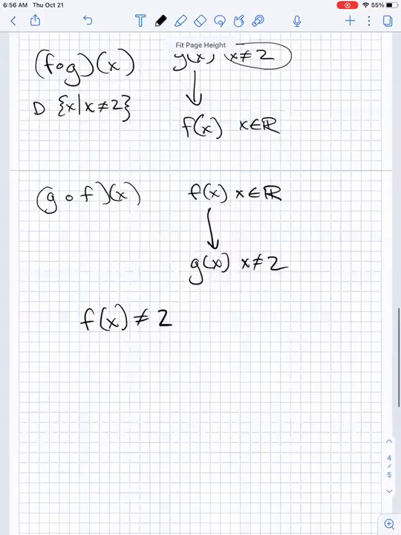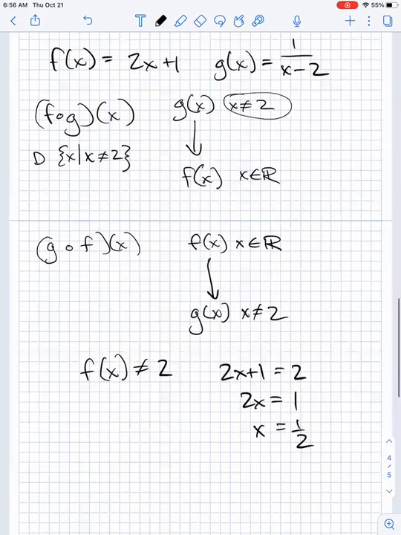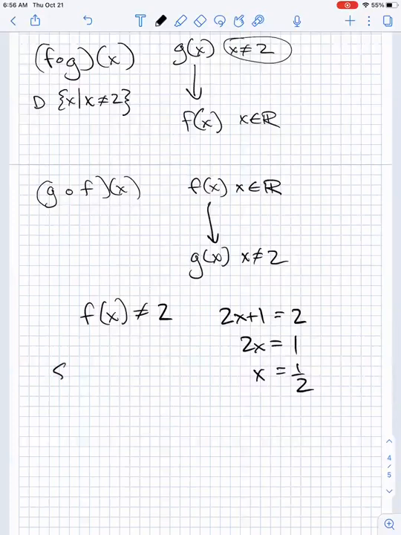So we take my f of x function, 2x plus 1, we figure out what makes it equal to 2. So 2x is equal to 1, and then x would be equal to 1/2. So we have to limit the domain of g of f of x to the set of all x such that x cannot be equal to 1/2. So what values go into f of x that produce the thing that we can't plug into g of x?